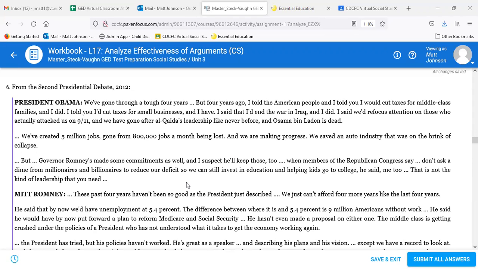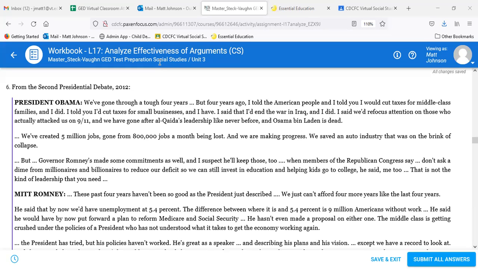When members of the Republican Congress say don't ask a dime from millionaires and billionaires to reduce our deficit, so we can still invest in education and helping kids go to college, and Governor Romney said, me too, that is not the kind of leadership that you need.